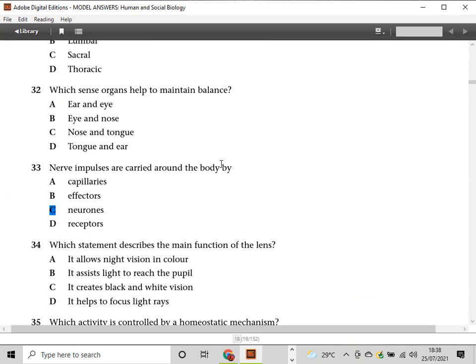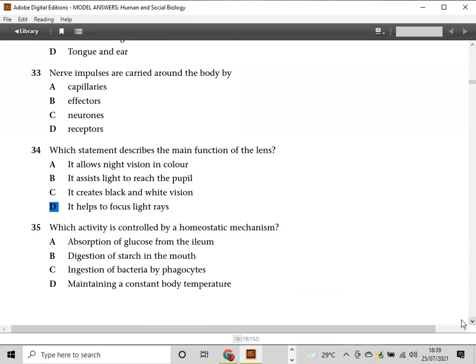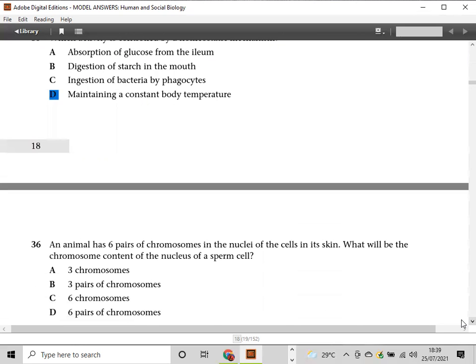What impulses are carried around the body by neurons? 34 is P. Which statement describes the main function of the lens? It is going to focus the light rays. 35 is P. Which activity is controlled by a homeostatic mechanism? And that is D, maintaining a constant body temperature.